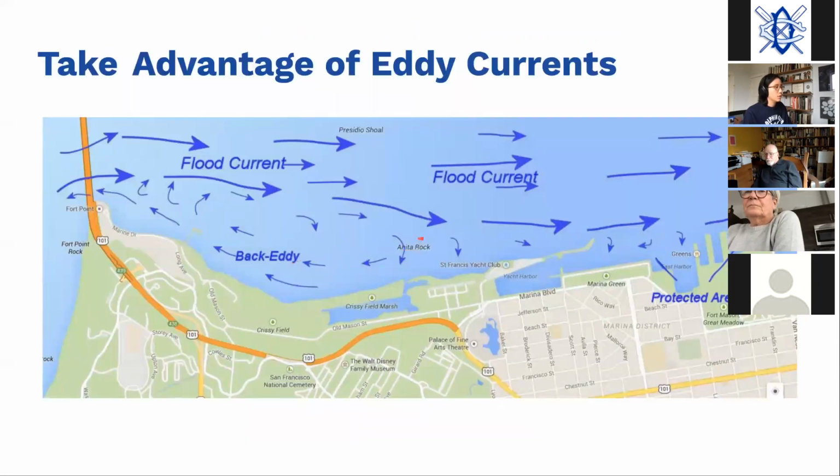And again, rowers also have to be aware of eddy currents, but in our case, we can actually take advantage of them to help us get to where we want to go.